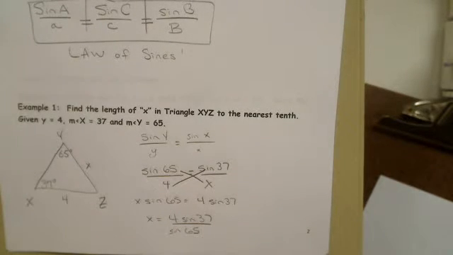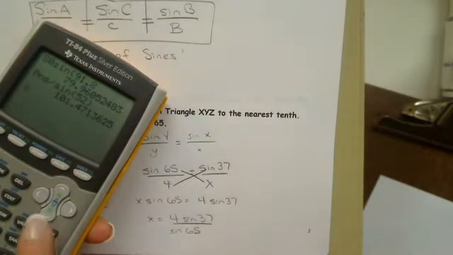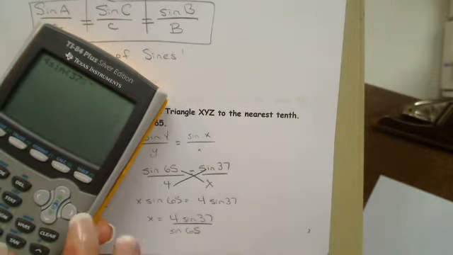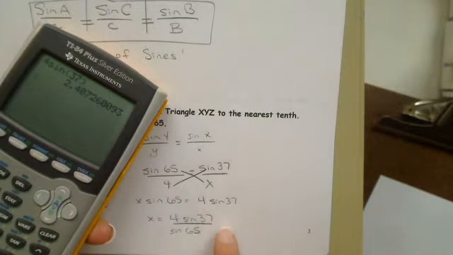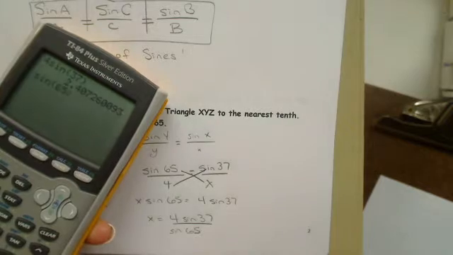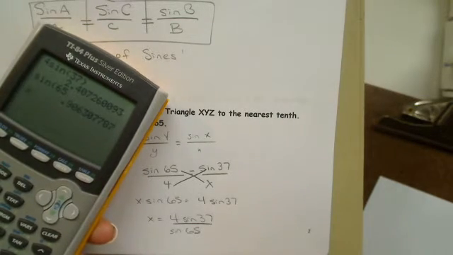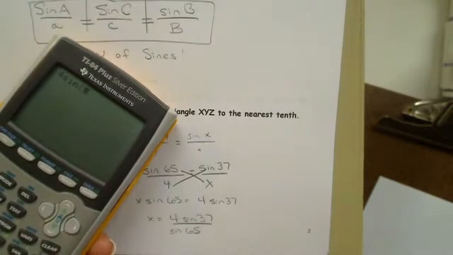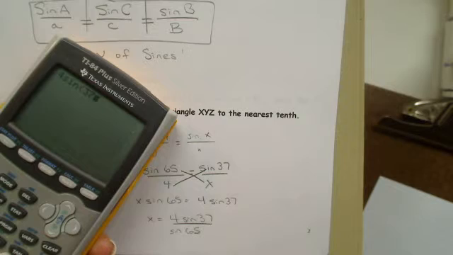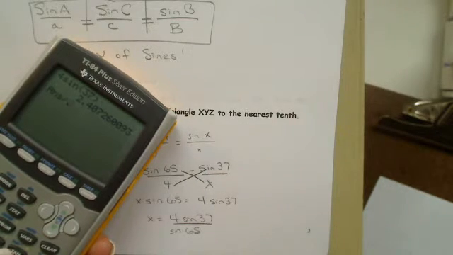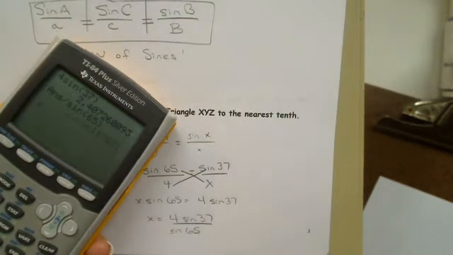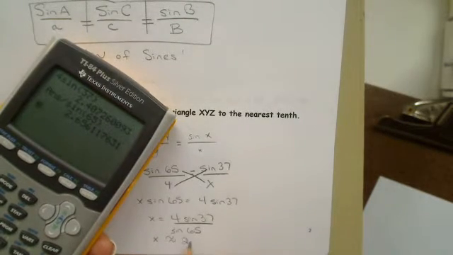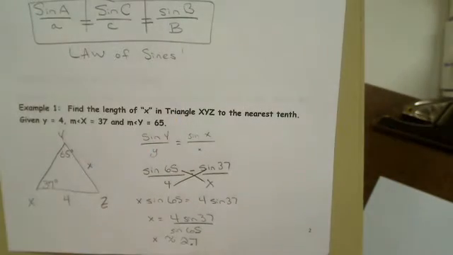So that's where we take our calculator and work it out. 4 sine 37, and then I'm just going to divide that by sine of 65. Oh, I forgot to divide. I just typed it in. Let's try this again. 4 sine 37 divided by sine of 65. That's better. That's 2.7. So x is approximately 2.7 units.